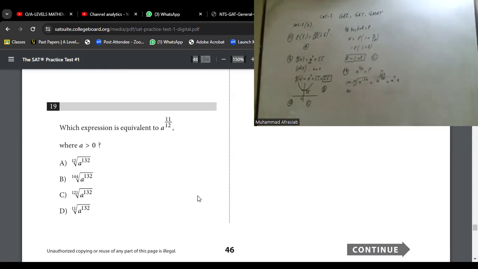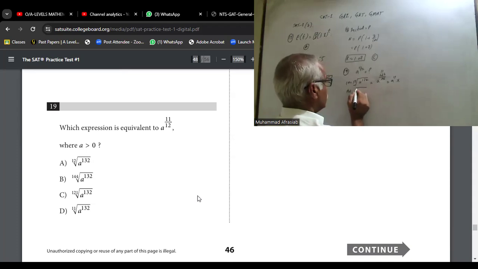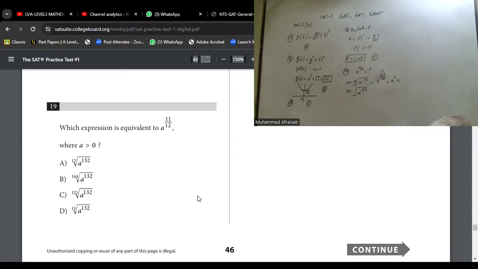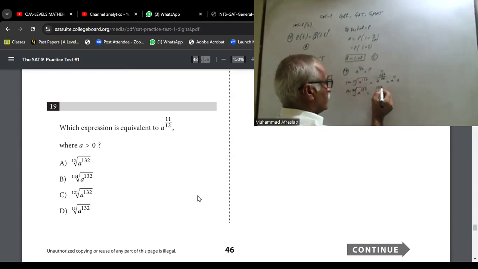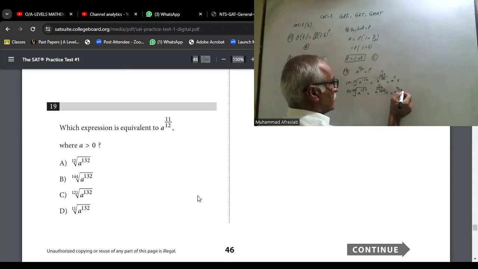B choice is there, that is a to the power 132 with the root value equal to 144. So this should be equal to a to the power 132 over 144, and that is equal to 11 over 12.